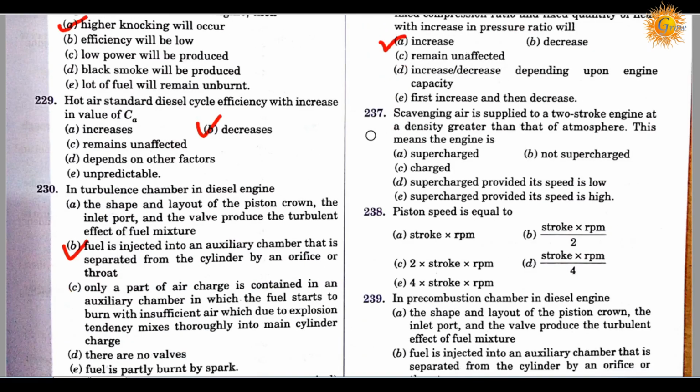Question number 237. Scavenging air is supplied to a two-stroke engine at density greater than that of atmosphere.